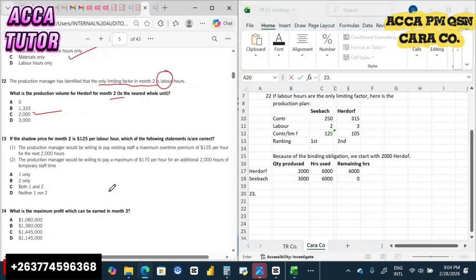Yes, it's the extra contribution which we get after we add a unit of a scarce resource.